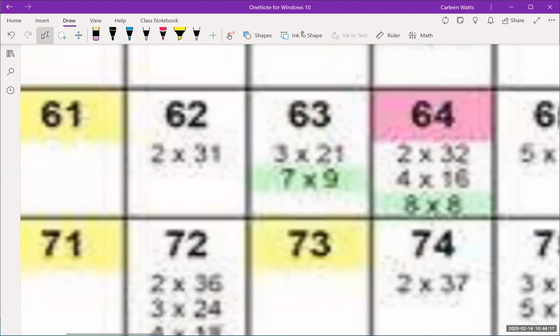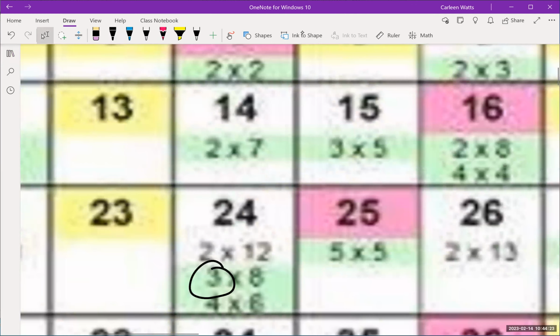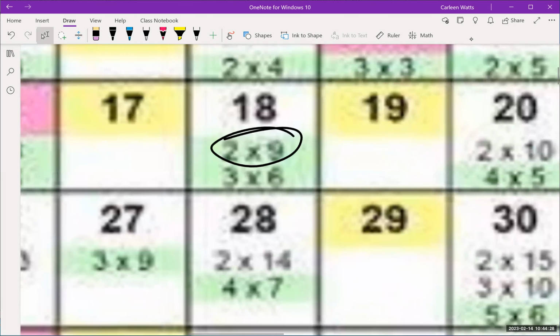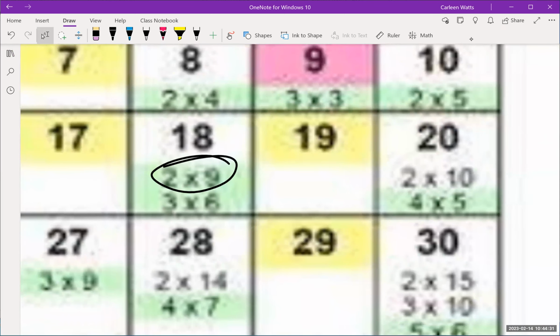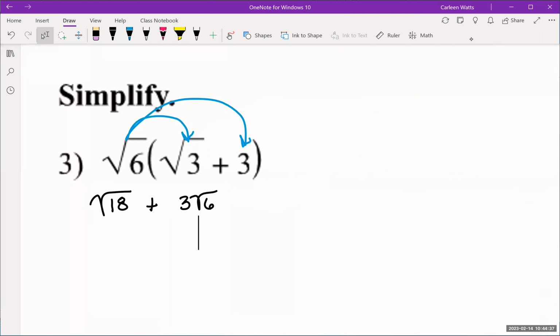Check the 18. There we go. You guys are faster than me. 2 and 9. Okay, so 18 is a perfect square and leftovers. And we like the number 9. 9 is a perfect square. 3 root 2 plus 3 root 6.